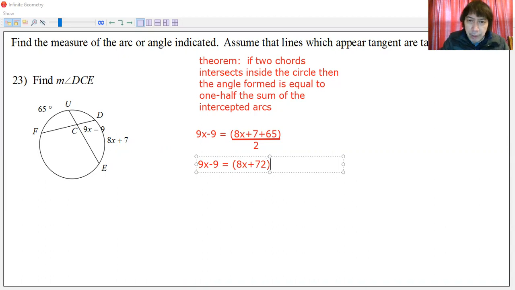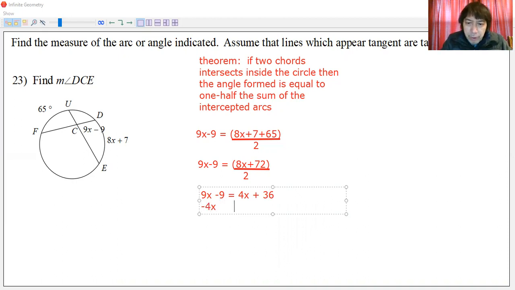All right, we still have to divide this by 2, and we put the division symbol right here. So the left side is 9x minus 9. 8x divided by 2 is 4x. 72 divided by 2 is 36.